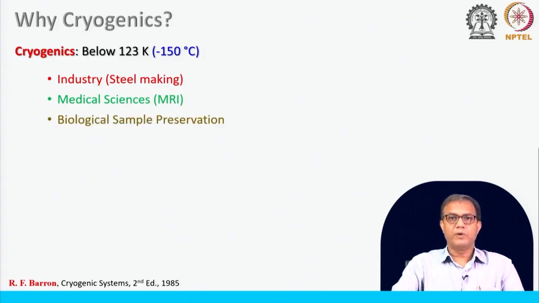Then for biological sample preservation, be it stem cell preservation or any biological samples, often you will find that they are cooled to 77 Kelvin for storing. And also blood preservation and body tissue preservation are done at low temperature, mostly in cryogenic condition.